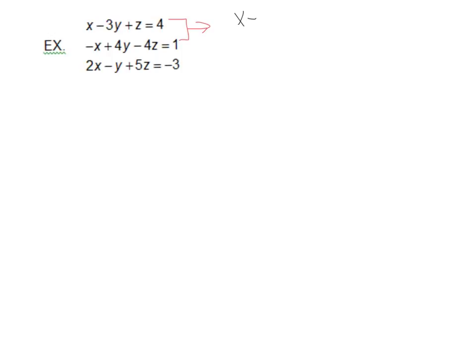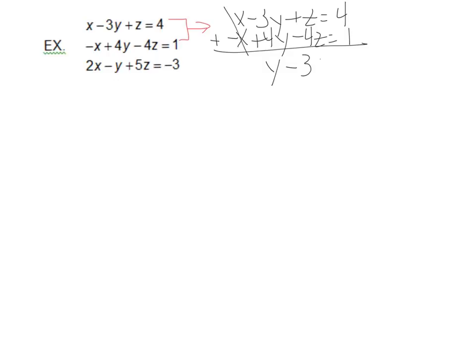So I'll recopy those 2 equations, and we add those together. So when you add them, the x's cancel, and we end up with just 1y minus 3z equals 5.